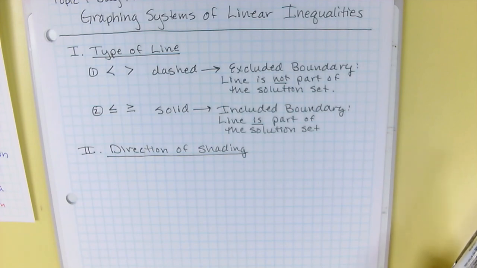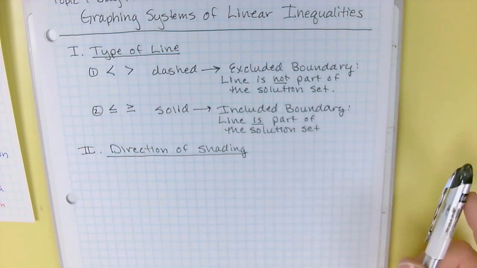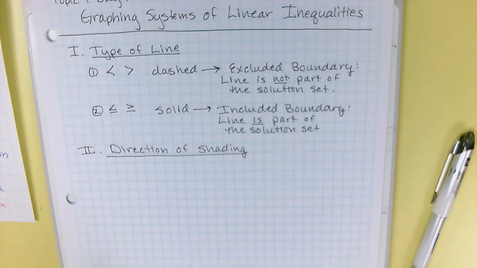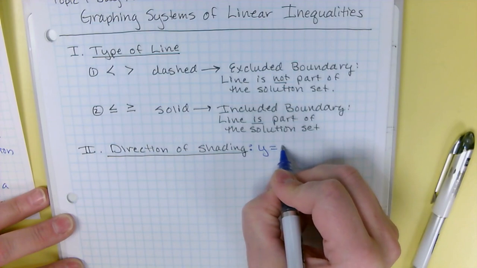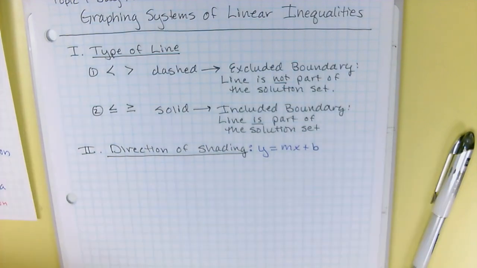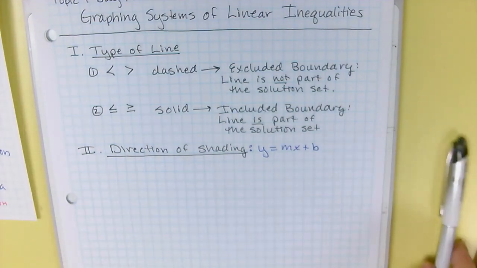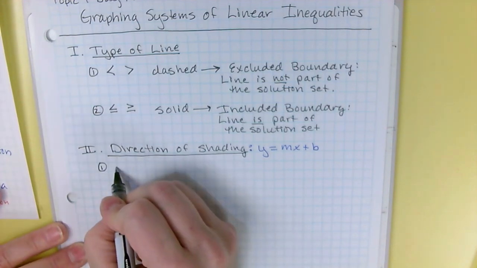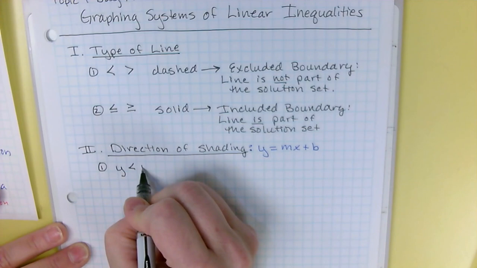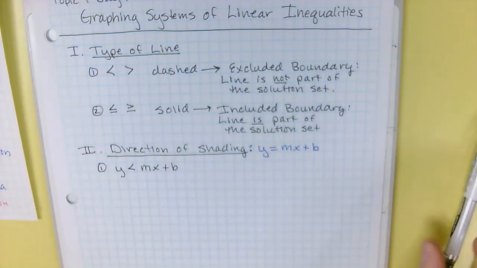The other way is a little slower, but it'll work if you get stuck. So we'll do the fast way first. The fast way, first of all, your equation needs to be in the form y equals mx plus b, which is already our primary graphing form. So the first rule is y less than mx plus b.